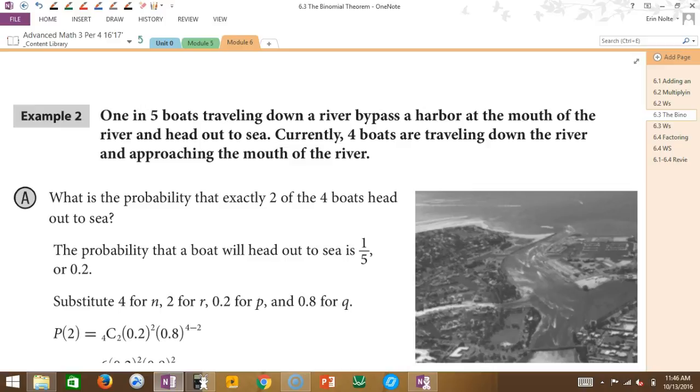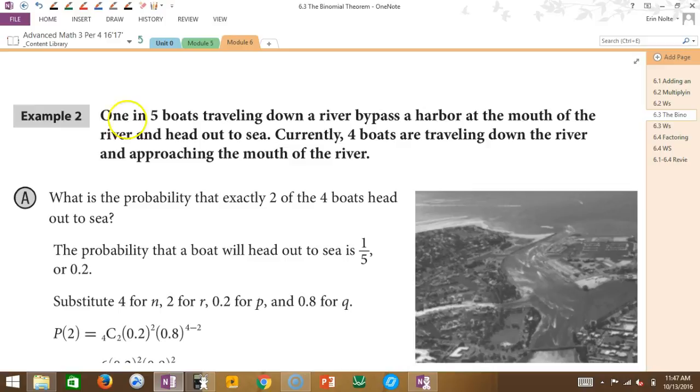So that would be the R for success. Currently, 4 boats are traveling down the river. Here comes 4. What is the probability that exactly 2 of the 4 boats head out to sea? Did you catch it? 2 of the 4 boats are going to go out to sea.